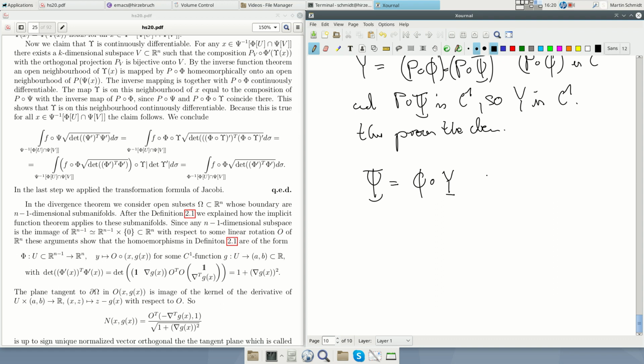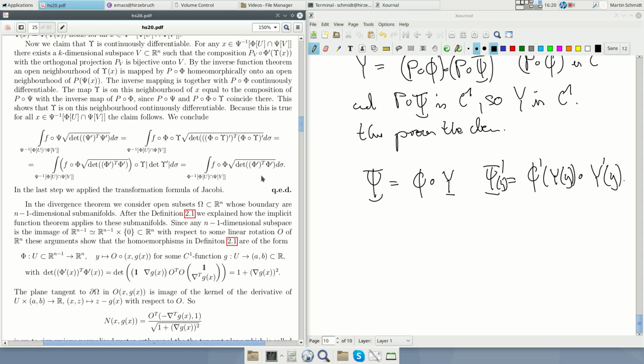By the chain rule, psi prime is equal to phi prime of upsilon composed with upsilon prime.